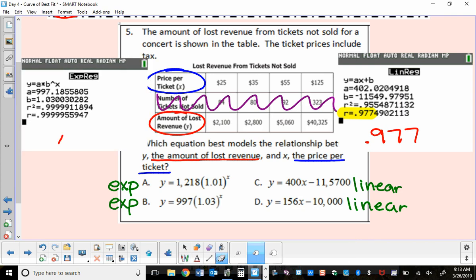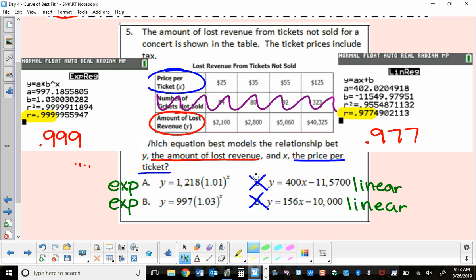All right, once it calculates, let's look at my R, which is 0.999. Which R is higher or closer to 1? It's exponential, right? Exponential is higher because linear was 0.977. So I'm going to cross out C and D. I know that will not be my line of best fit because it has to be exponential.